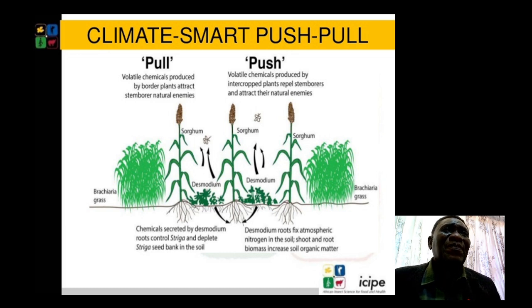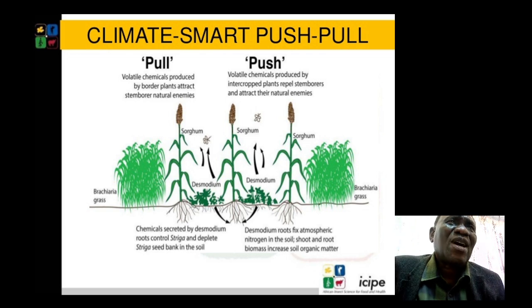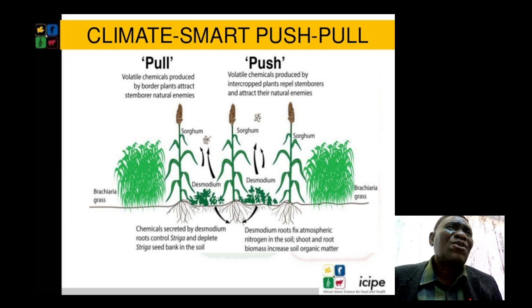So what is going to happen is that the Desmodium will produce chemicals which will stop the striga from attacking the sorghum. It also produces some chemicals which drive away the stem borers. These are the pushing chemicals. That's why we have the push word here.